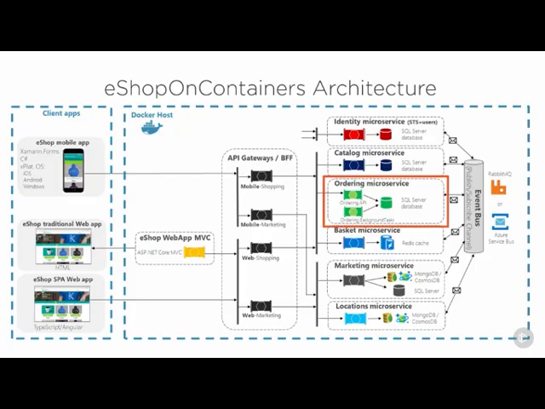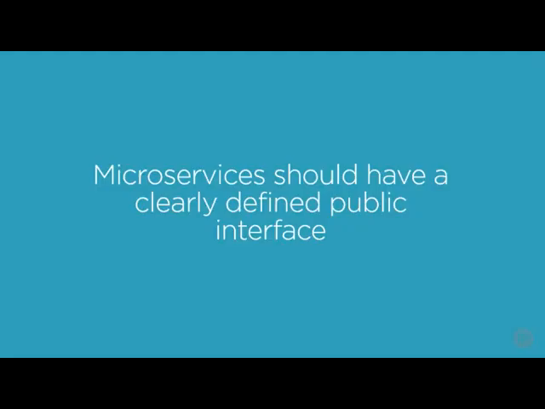And this is a perfectly acceptable design for a microservice. You're not forced to have all of the microservice code running in a single process. The important thing is that conceptually, a microservice has a clearly defined boundary with a public interface, and its data can only be accessed through that public interface.